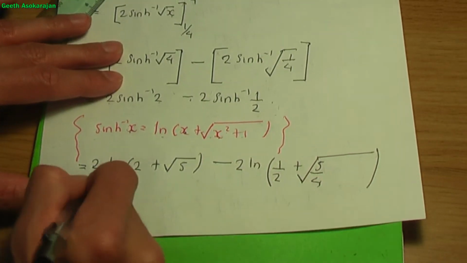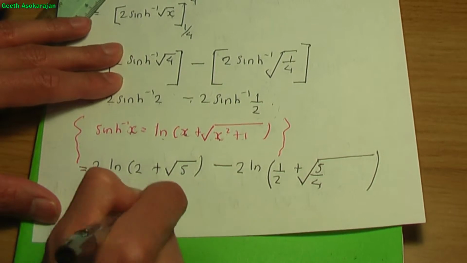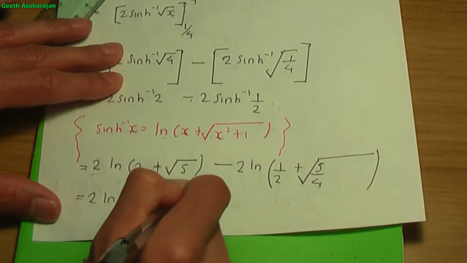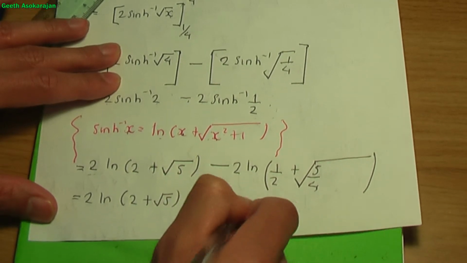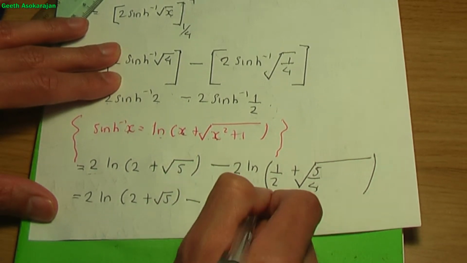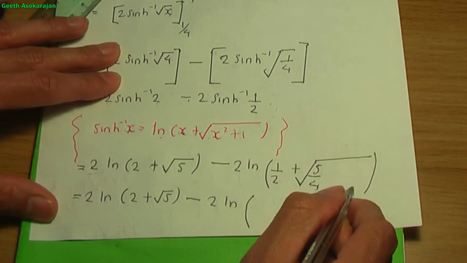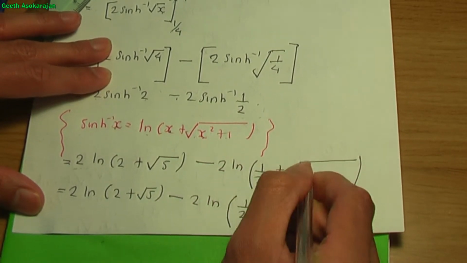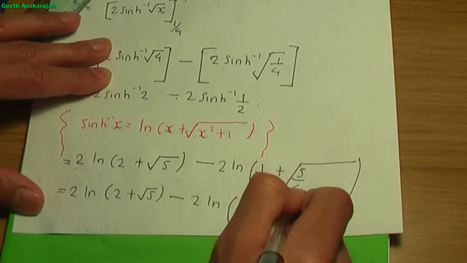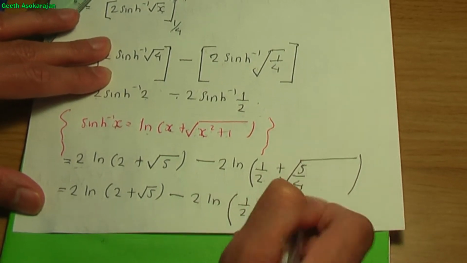So let's simplify this. We'll have 2 ln of 2 plus root 5 for the first term, minus 2 ln, and if I simplify this term, we're going to have 1/2 plus root of 5/4, which is the same as root 5 over 2.